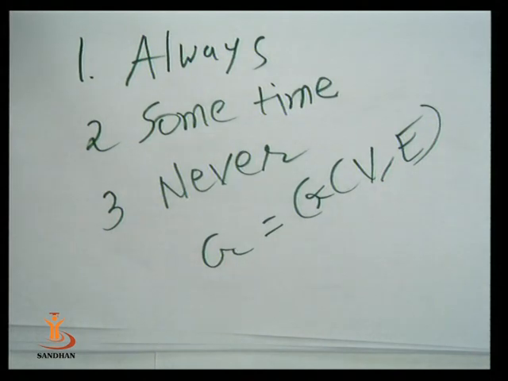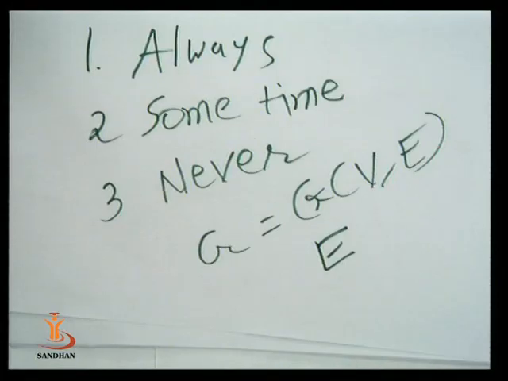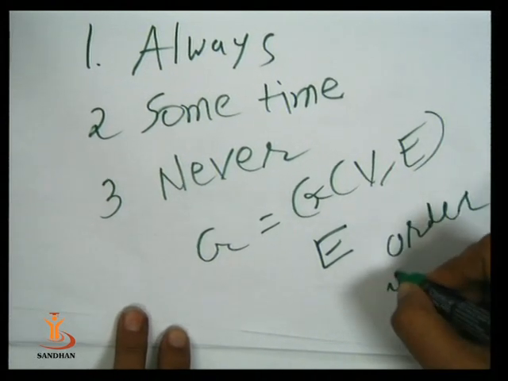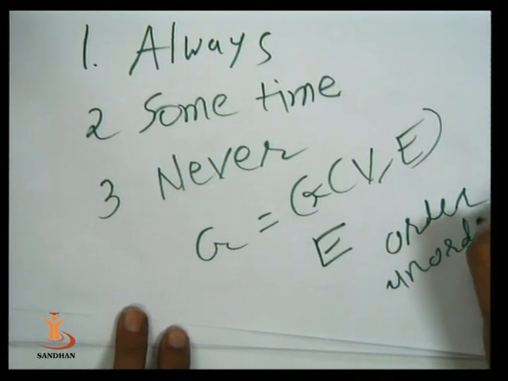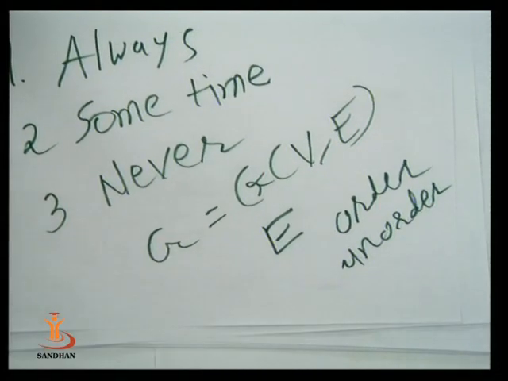V is a set of vertices, denoted by V of G. E is a set of edges, denoted by E of G. Each edge E is associated with either an ordered or unordered pair of vertices.